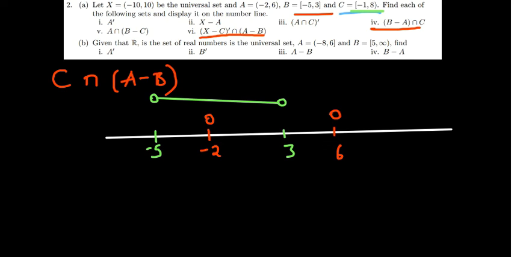And then I'll draw a line for A. So don't forget that these guys are supposed to be shaded. -5 to 3 is shaded for set B. And then for -2 to 6, which is set A, is basically not shaded, right? Yeah, pretty much. That's what we're saying there.